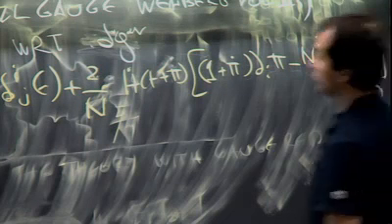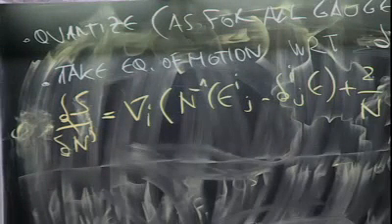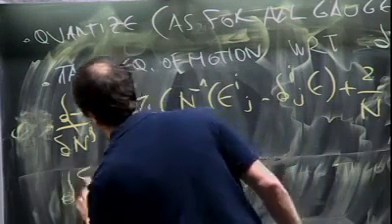So this is the equation with respect to n^j, before setting it to 0.